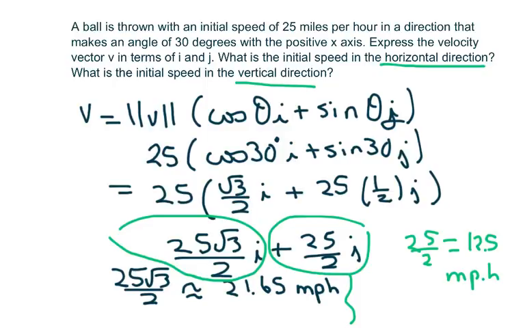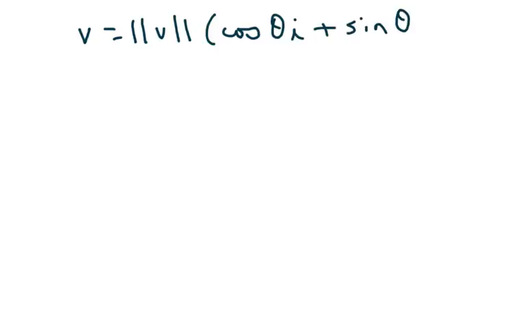We're going to do some really quick problems here where they give you the magnitude and the angle, and we fill in the formula. We know the vector v equals the magnitude of v times cosine of theta i plus sine of theta j.